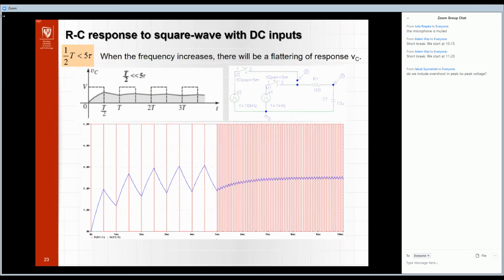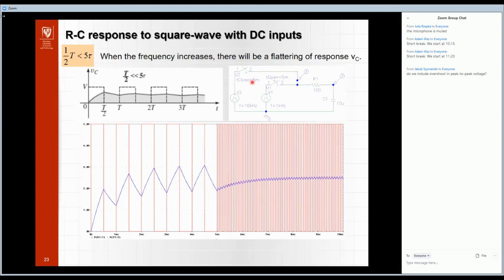So you can see in this picture that from 0 up to 5 milliseconds, the source was applied to this circuit, and we see this voltage, but the changes in amplitude are big in this case. It is about one volt.